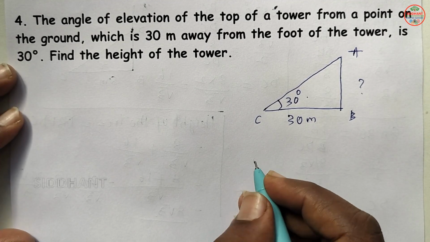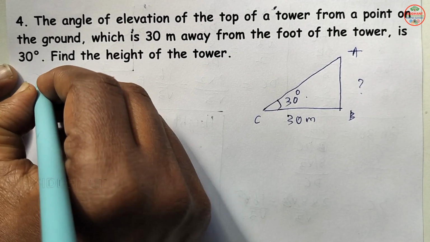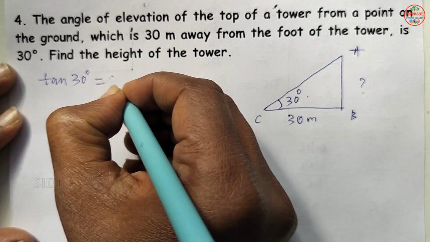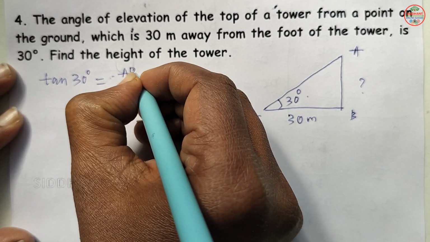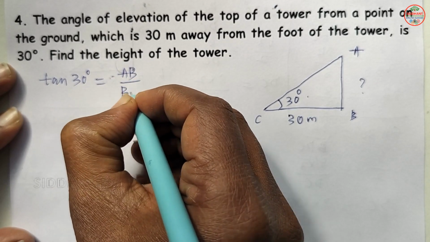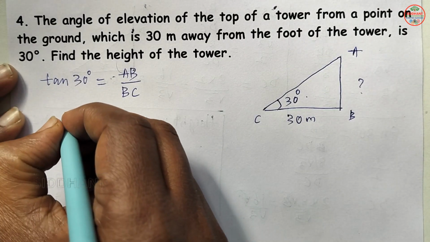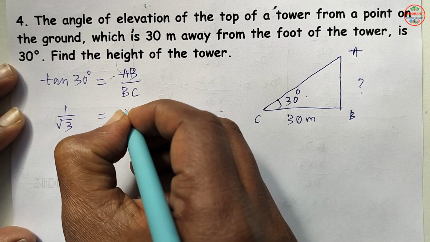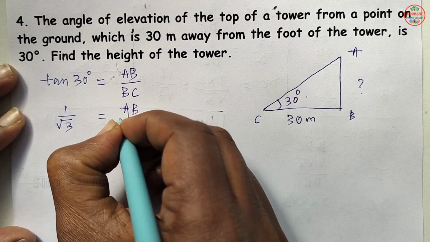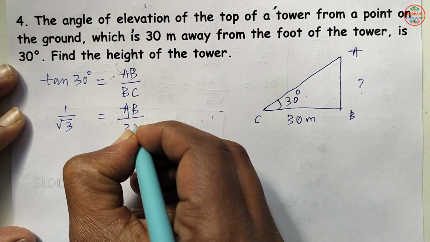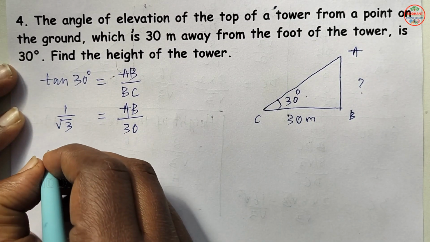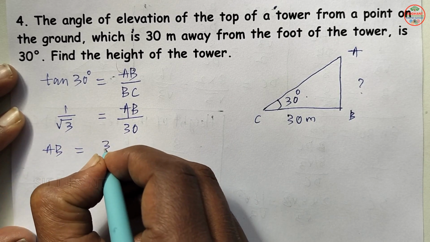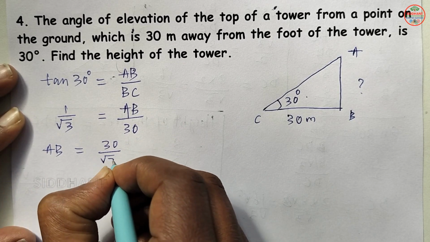So here we are going to take tan 30 degrees, which is AB by BC. So tan 30, which is 1 by root 3, and AB by BC, where BC is given 30 meters. So AB equals 30 by root 3.